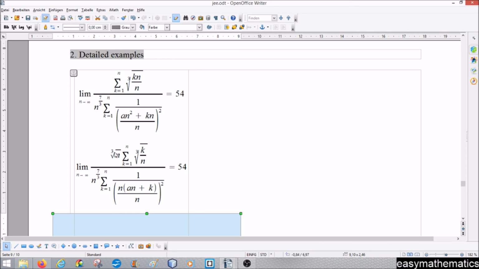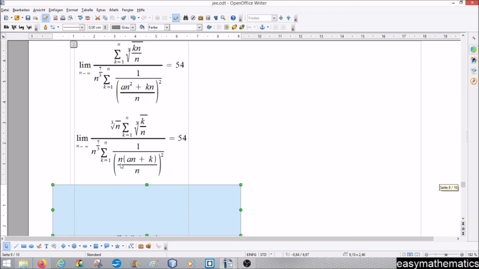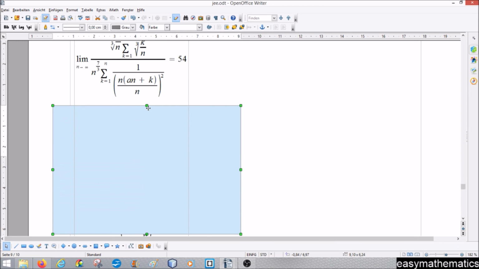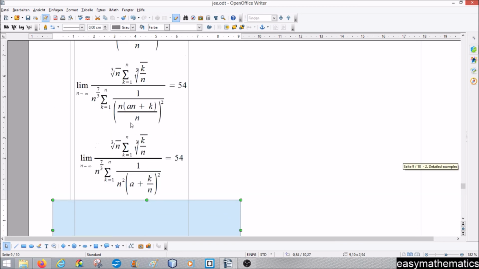In the denominator, we factor 1 over n outside. And the next step: we put n squared outside, because the square of a product is the product of the squares.